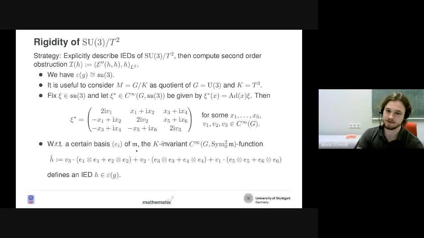I'm not going to write the details out, but basically we combine all this to get a function on G with values in the symmetric power of M, also trace-free, that's K-invariant. So K was T3. If we have a function on G with values in some K representation that's K-invariant, this means that this function projects to a tensor on M. So what we get is a trace-free symmetric 2-tensor on M. And in fact, this is an IED.